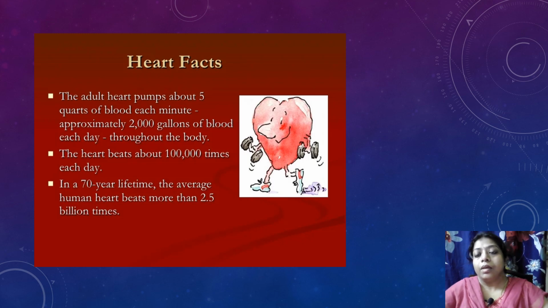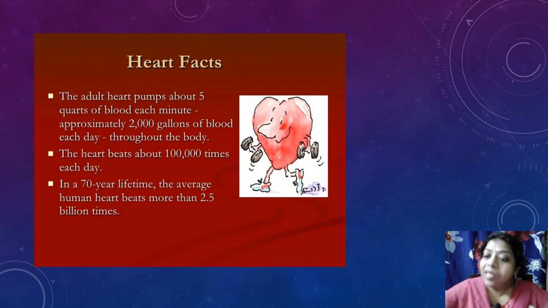Let's see the circulation in the heart. The blood circulation in the heart is a double circulation. I repeat, the blood circulation in the heart is the double circulation, which means that the blood passes twice.